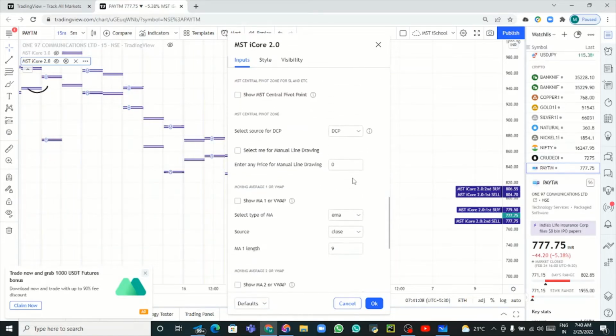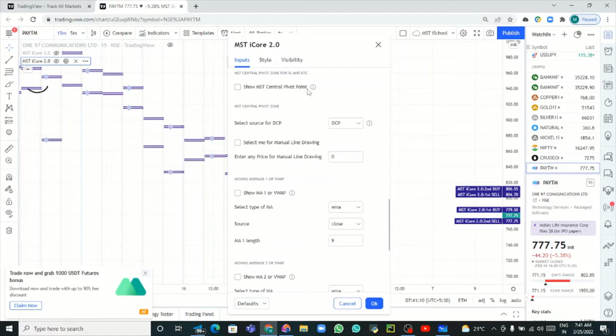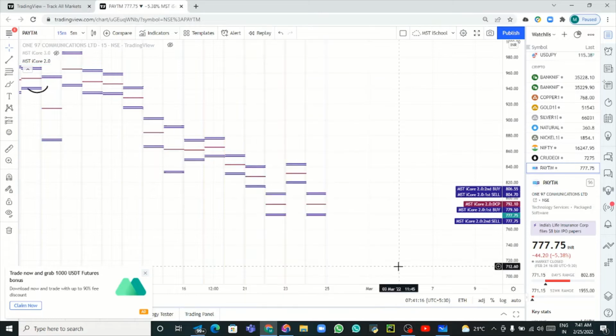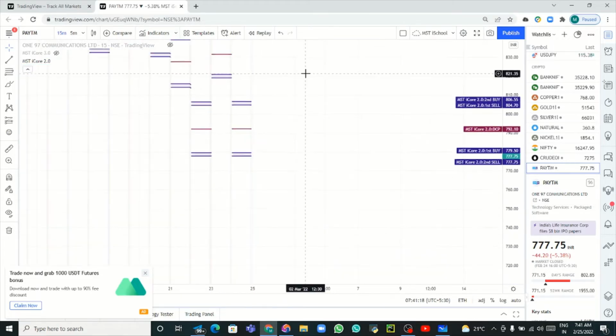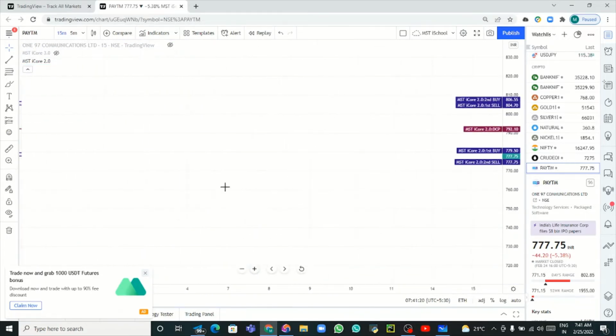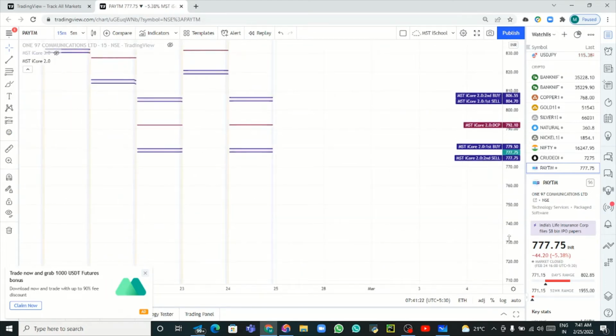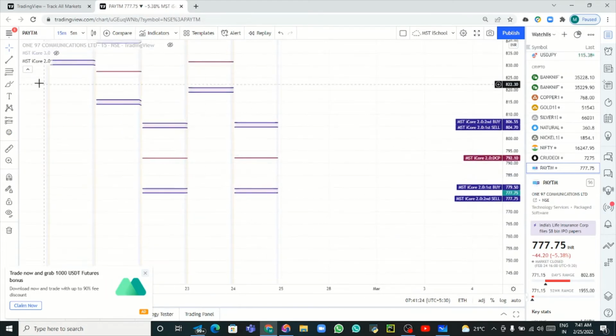And for the next one, we have given one more central pivot point. What is the central pivot point here? See, this is the midpoint of the buy and sell entry.